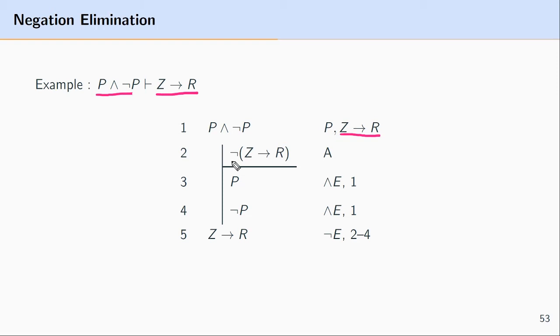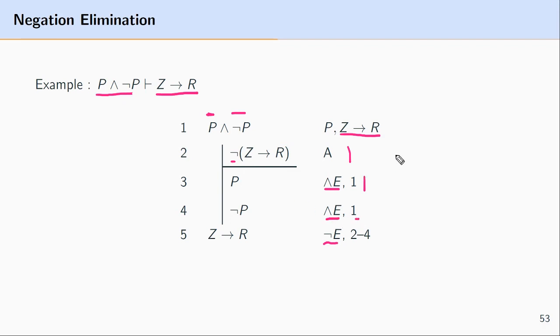And since we're planning on using negation elimination, you'll notice that the formula that we're assuming is a negation. So we make this assumption here at line 2. We derive 3 from line 1 using conjunction elimination, and line 4 comes from line 1 using conjunction elimination again.